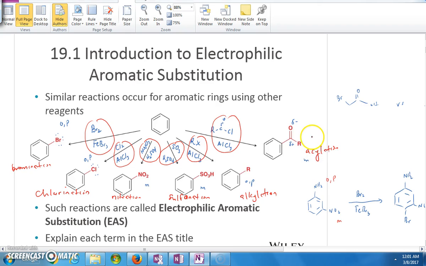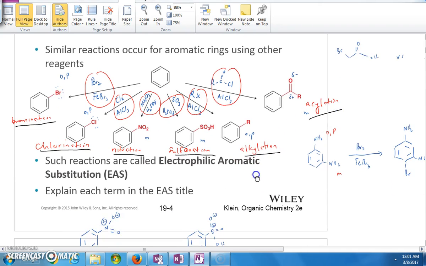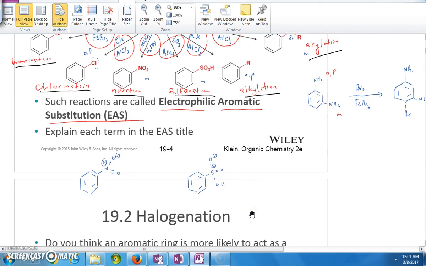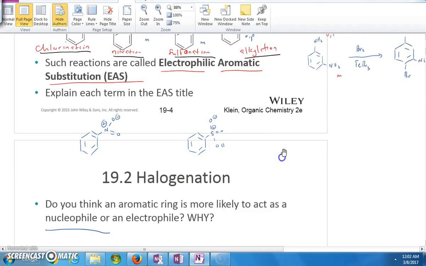See? All these reactions are called electrophilic aromatic substitutions, because we are substituting a hydrogen in the aromatic ring with an electrophile.